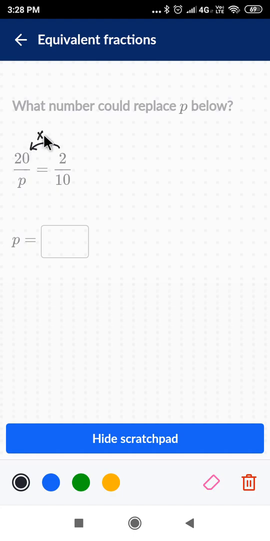Two into 10 is 20. 10 into 10 is p. How much is 10 into 10? 100.